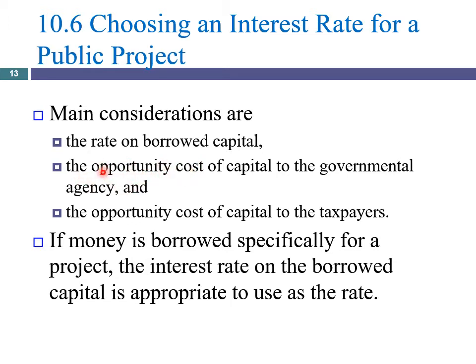By considering this next best alternative, you can identify the interest rate. Or instead of the opportunity cost to the governmental agency, the opportunity cost of this capital to the taxpayer can also be considered. As a taxpayer, if we don't perform this project, what is the next best alternative for the taxpayers? We can consider this to identify the interest rate.